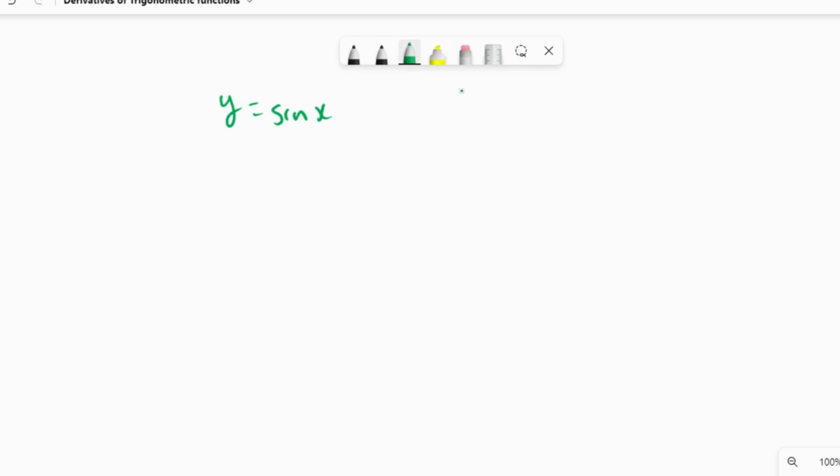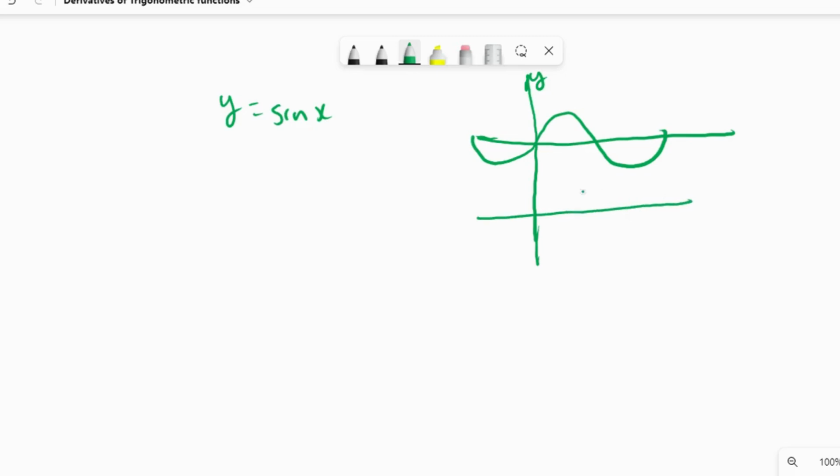If I see that there is this one here, so this is sine x, and then I have the derivative here, y prime x.